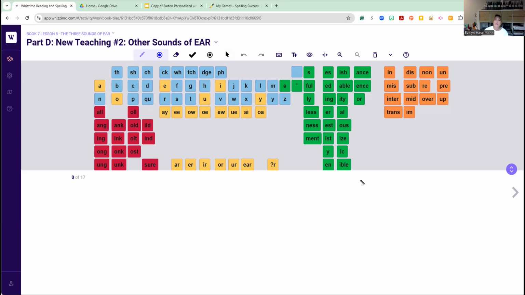Okay, so let's talk about the other things that EAR can say. Now this is going to be reading rules. Okay, so when you're reading a word, these are all the things that EAR can say. We know it can say ear as in here, but now we're going to learn that it also can say the sound as in EARl. I'm going to put my own little rule here.